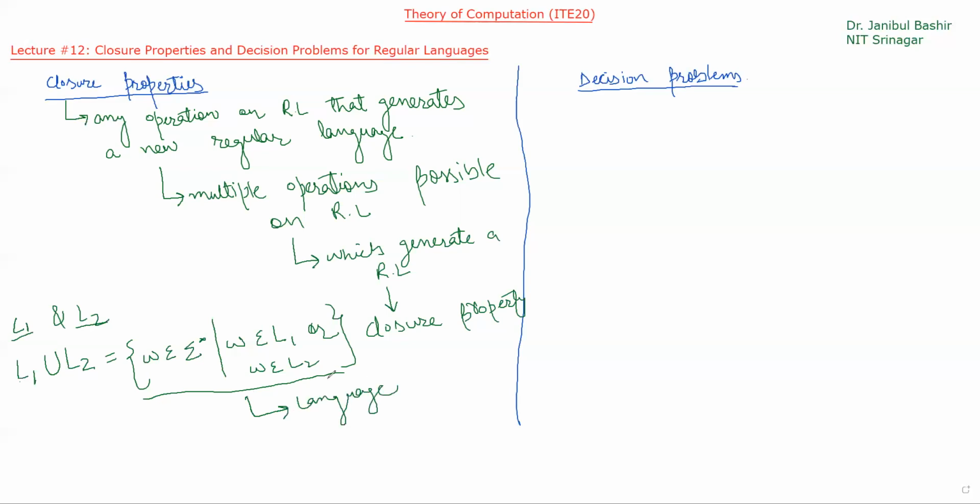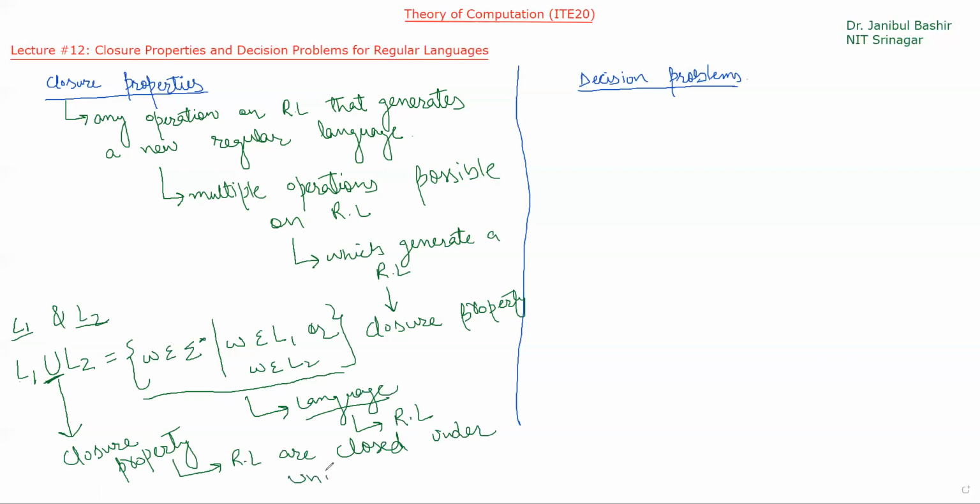If the new language that I got here is a regular language, then we say this particular operation is a closure property, or we can say that regular languages are closed under this particular operation.